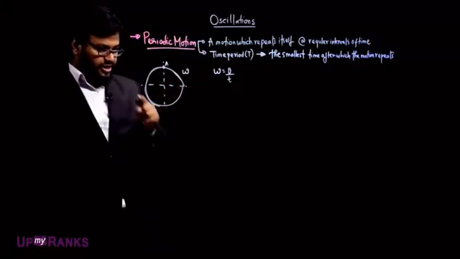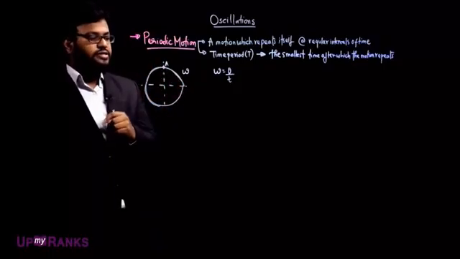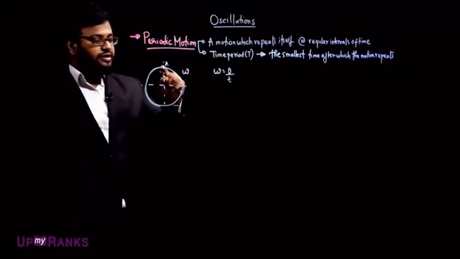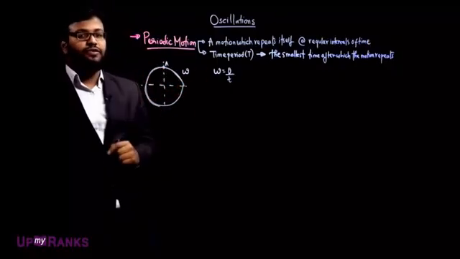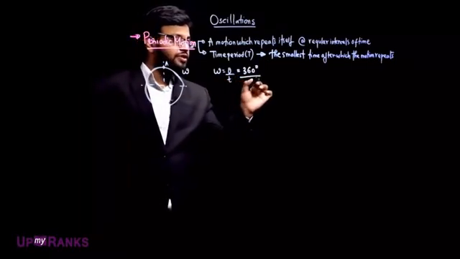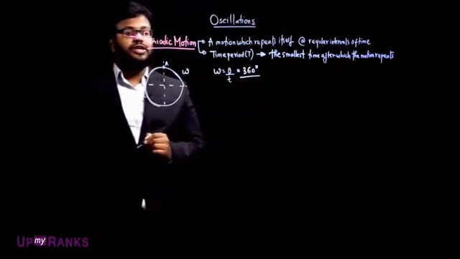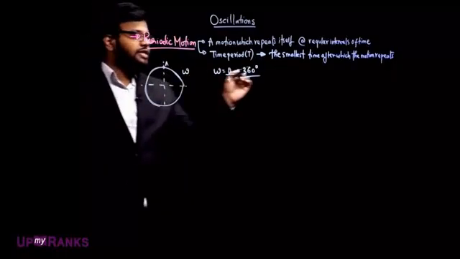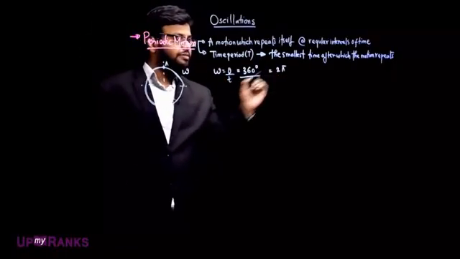So how much distance does it travel? 2 pi r. Or in terms of angle, it will cover a complete angle of 2 pi radian. It will complete an angle of 360 degrees in a full revolution, or we can write it as 2 pi radian because the SI unit for theta is radians. So it will be 2 pi radians divided by time.